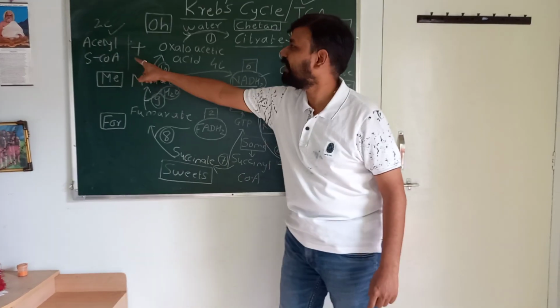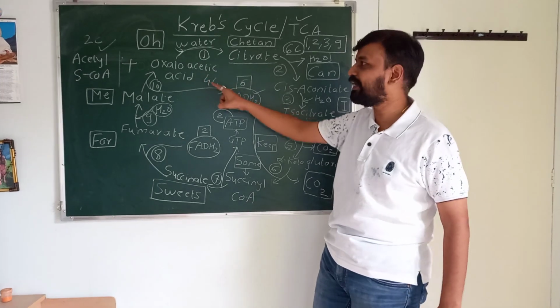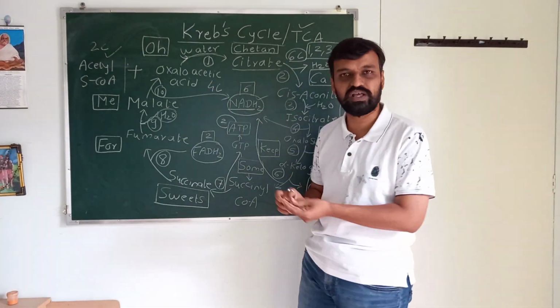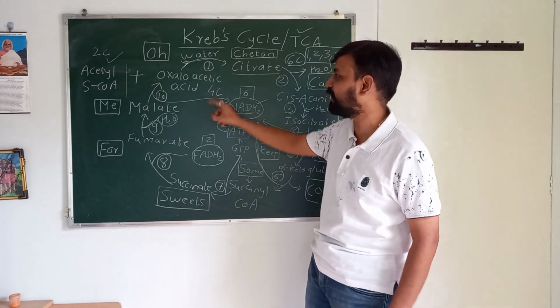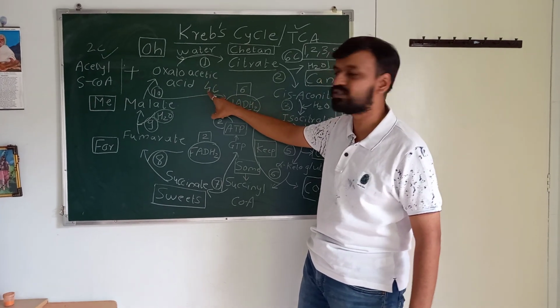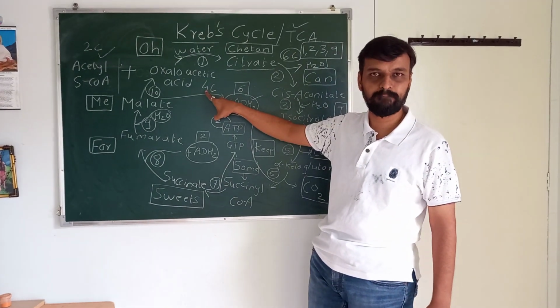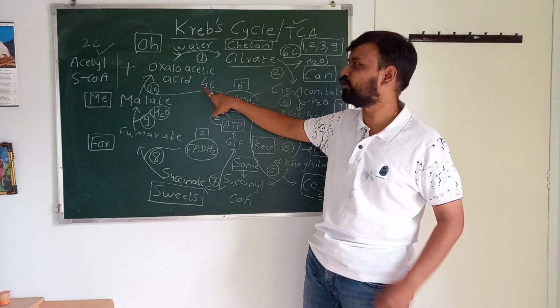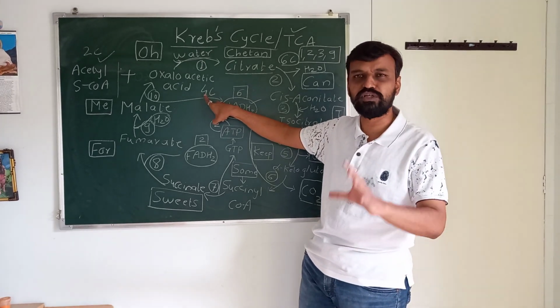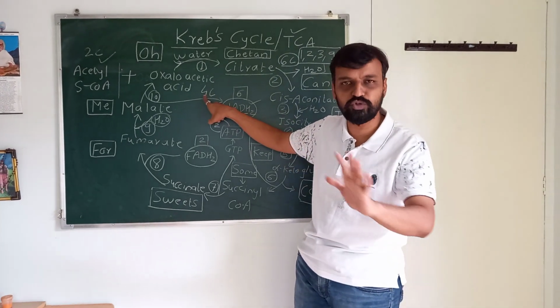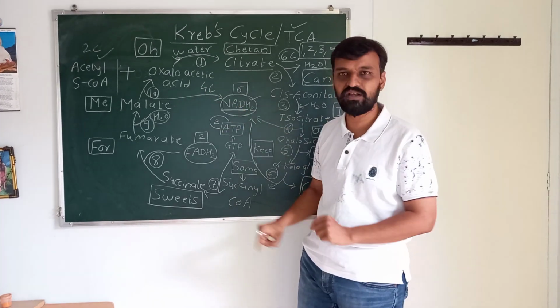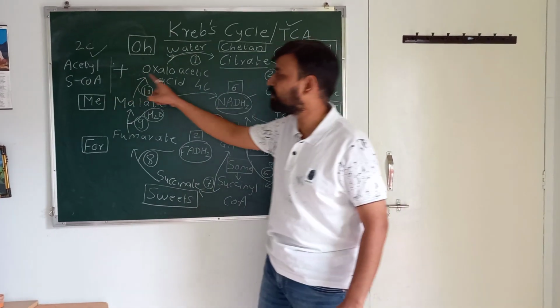Now, it will react first with OAA, oxaloacetic acid. And yes, dear students, you are aware that oxaloacetic acid is a 4 carbon compound. In the next session, I am going to give you the details about the number of carbon atoms, so I am not going to focus on it much in this session. Now you just take a note of this.